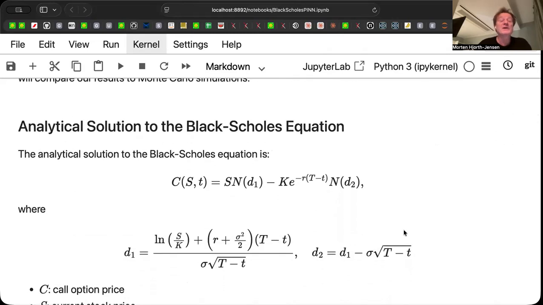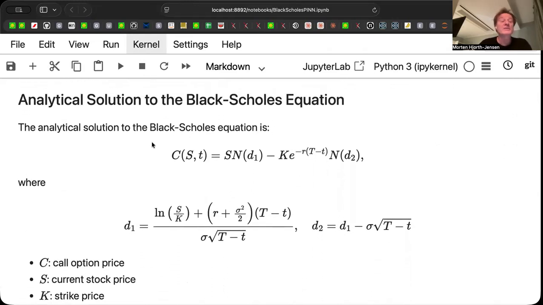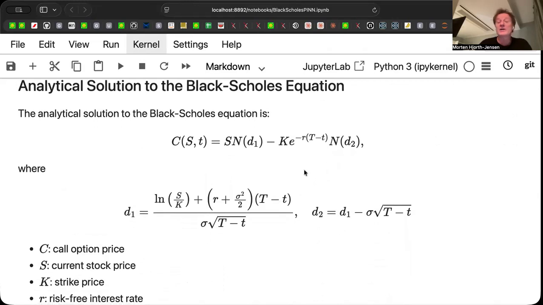If you just have one option, the analytical equation is given in these expressions here. That means you can compare your code with the analytical expression, and that's always useful when you're developing a code, like the one-dimensional diffusion equation, which also has analytical solutions.